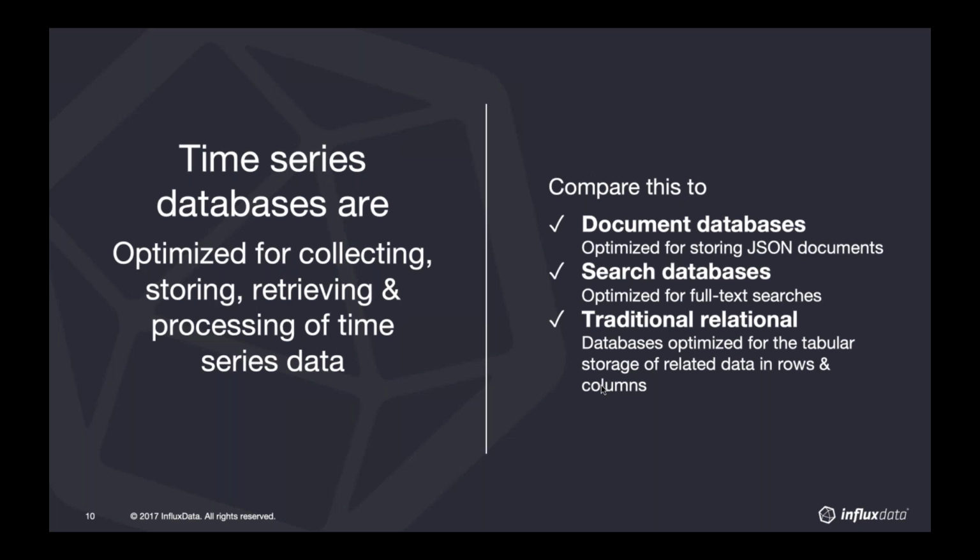On the right side, we show that we are talking about specialists. We have been talking about specialists for a long time already. We already have in the database space, document database, search database, and the traditional relational database. But that's not all. You have what's called a graph database. You have object-oriented database.